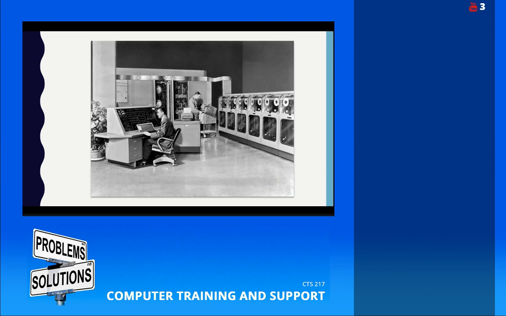This is the UNIVAC. Mainframe computer from the mid 1900s, 1940s, 1950s.